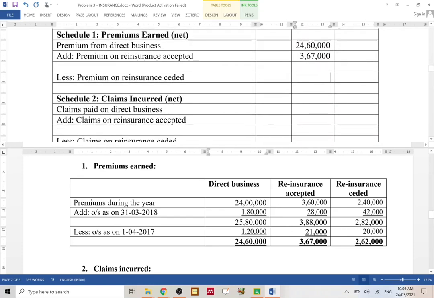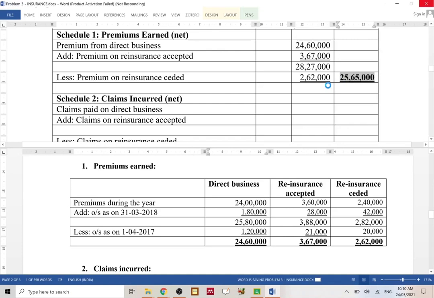Okay, and from this minus for reinsurance ceded 2,62,000. So how much do we get? 24,60,000 add 3,67,000, you have 28,27,000. Deduct from that 2,62,000, what you get is 25,65,000. Total premiums earned, net premiums earned 25,65,000. Is that fine? Is this getting a little more clearer?